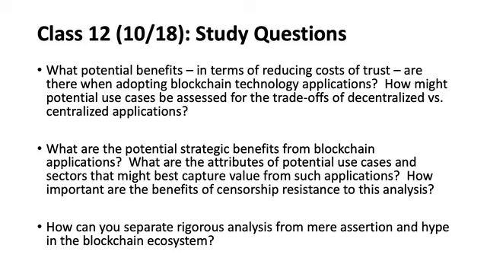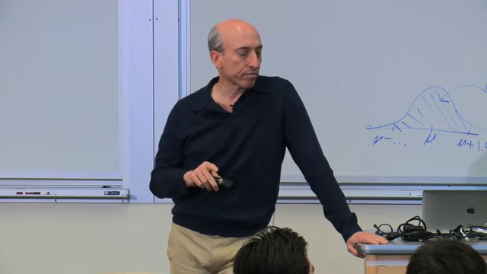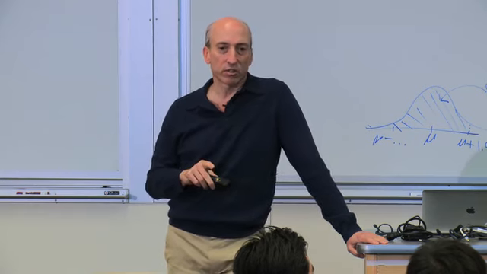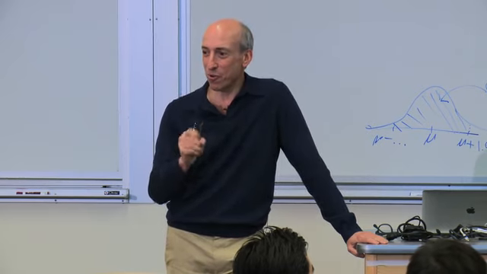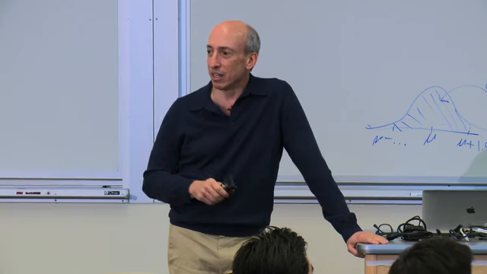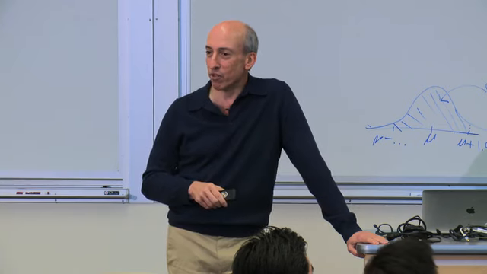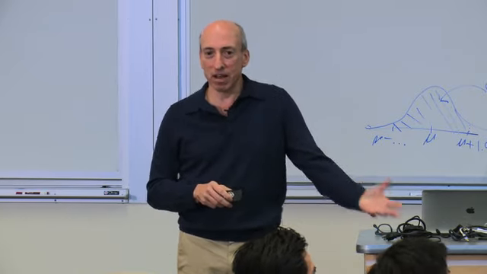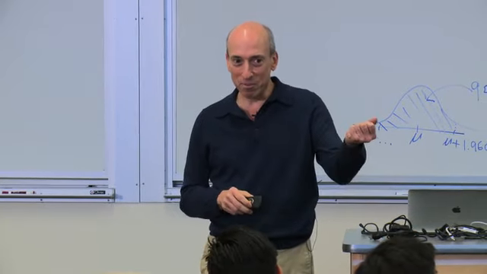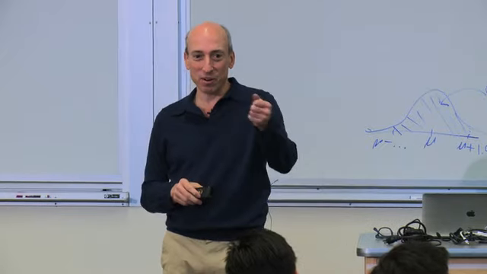But what are the potential benefits, and how do you assess the cost of trust? That is going to be true in every single project you look at. And if you take anything from this class, it's this core critical reasoning. Hopefully after the Rubini paper last Tuesday, we're going to come out of the doldrums and pull back out of the minimalist side and get a little more in the middle.